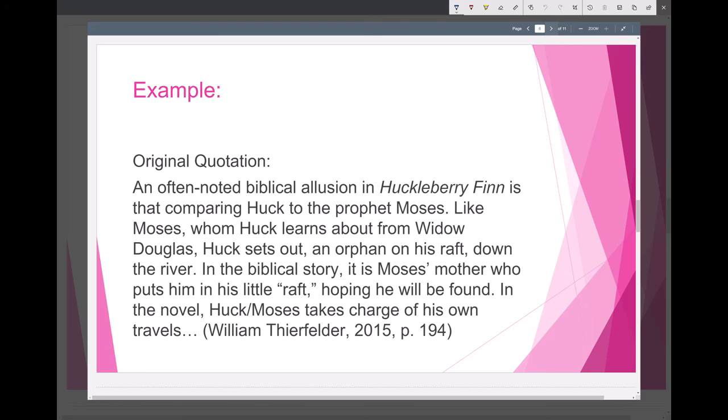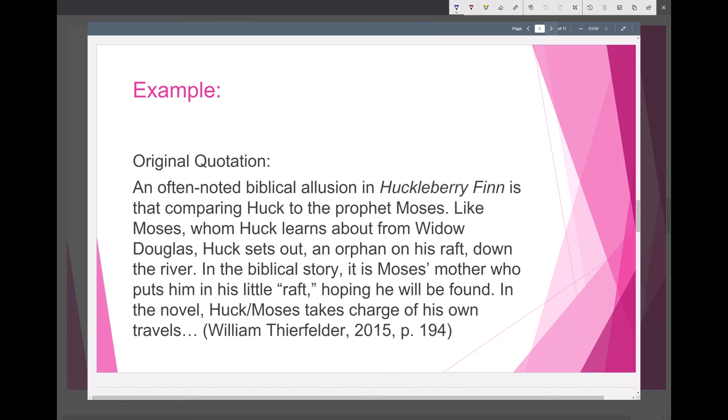In the biblical story, it is Moses' mother who puts him in his little raft, hoping he will be found. In the novel, Huck, or Moses, takes charge of his own travels. This is from William Thierfelder, 2015, page 194.